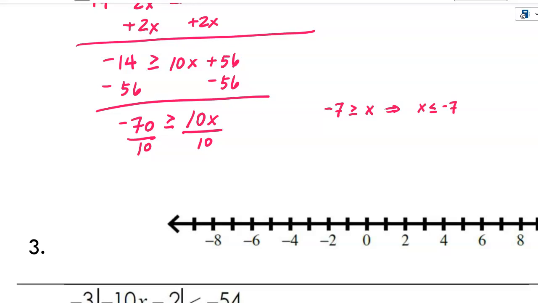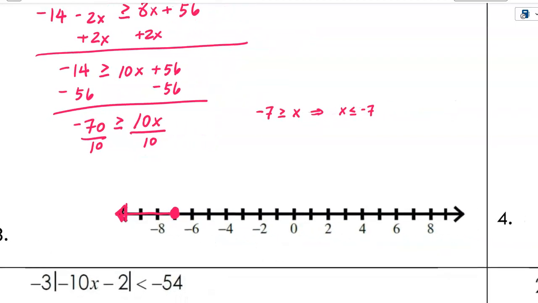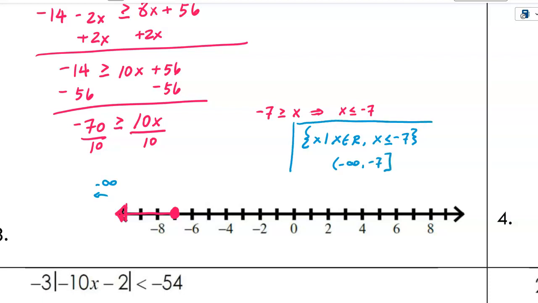Okay, and then let's graph that, so it's going to contain all the numbers like negative 8, negative 9. In set builder notation, x is an element of all real numbers such that x has to be less than or equal to negative 7. Interval notation, start at negative infinity on the left side and stop at negative 7 and include negative 7. There you go.